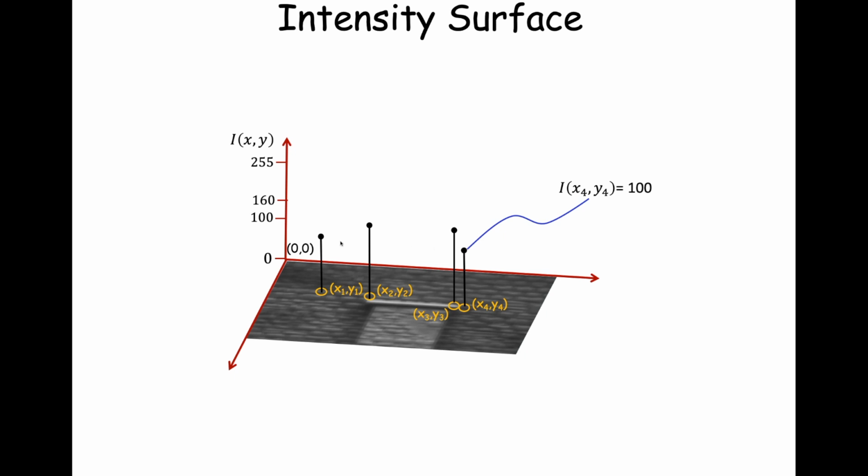It's also less than the intensity at x2, y2, but it is the same as the intensity in image coordinates at location x1, y1. Okay, so this is the so-called intensity surface representation, because if you look at this, all of the intensities for every pixel in every location x, y in the image, if you were to plot the intensities using these line segments, it would form a surface, a contour in 3-space, in R3 in this particular case.